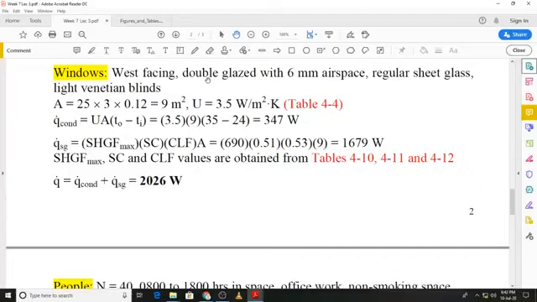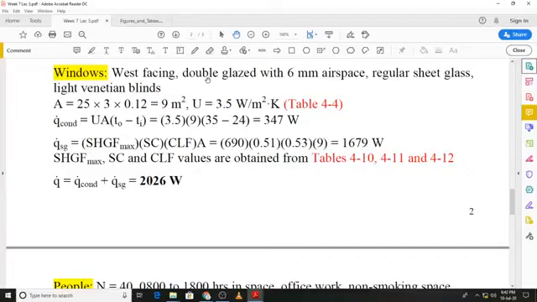We are asked to find out the cooling load at 1400 hours on July 21st, and a number of other pieces of information are provided for that office building: its latitude, the types of windows, the size of the window in terms of the percentage of the wall area that they take up, and whether they have shading.